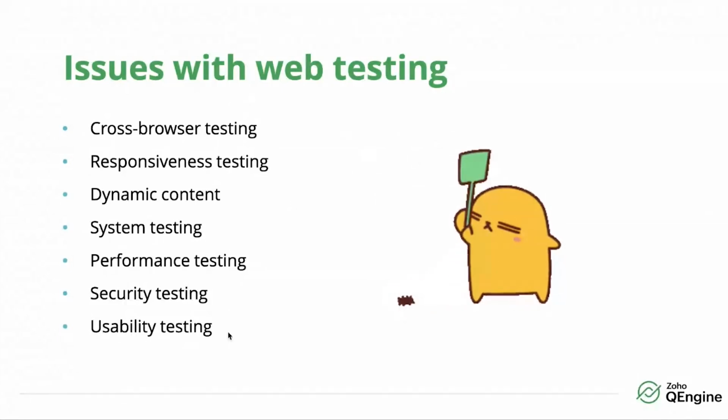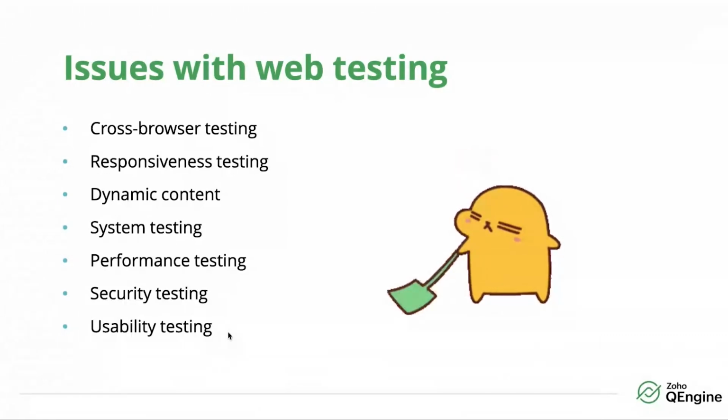And finally, we'll be looking at usability testing. So usability testing is nothing but, every time a web application is tested, all the testing is completed, and before they push it to the end user for them to use, they have to ensure that it works just fine for the different kinds of user personas out there. Like every user is different and they might access the application in a different way.